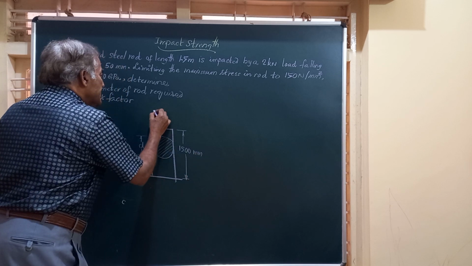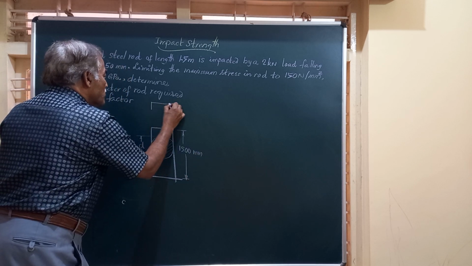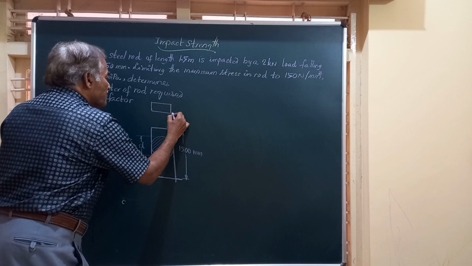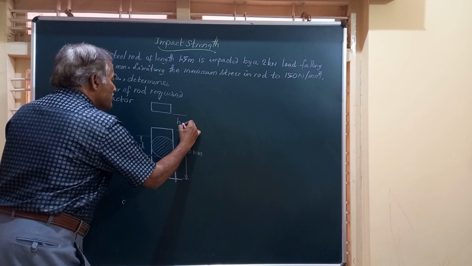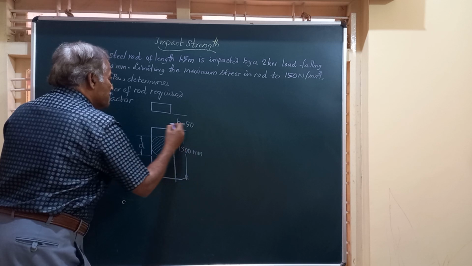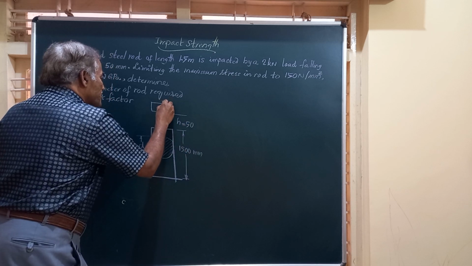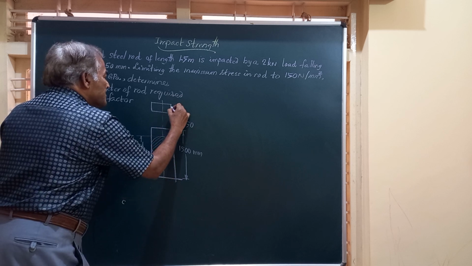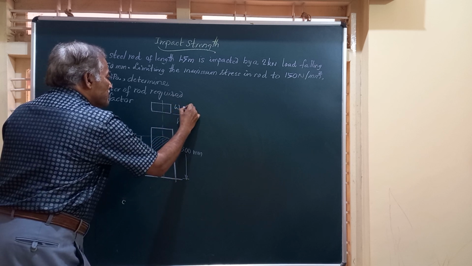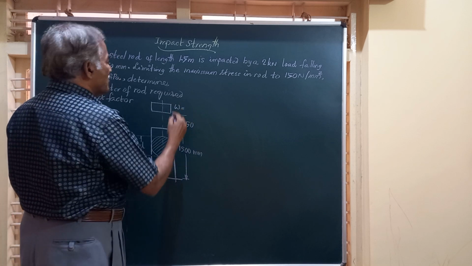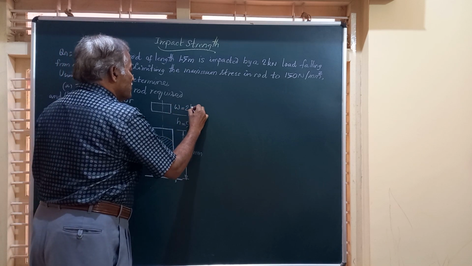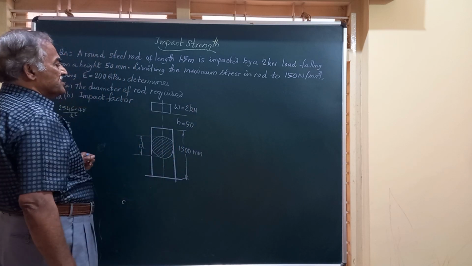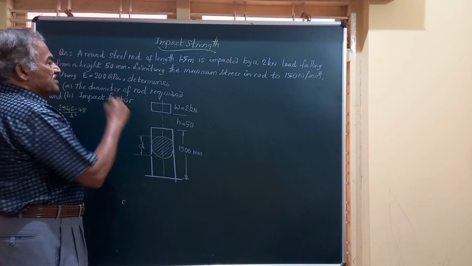And friends, it is being impacted by a load which falls down from a height of h equal to 50 millimeter. It is dropped onto this member axially, and this is the weight which measures 2 kilonewton, the load of 2 kilonewton, and we are asked to find out what is d and what is the impact factor.